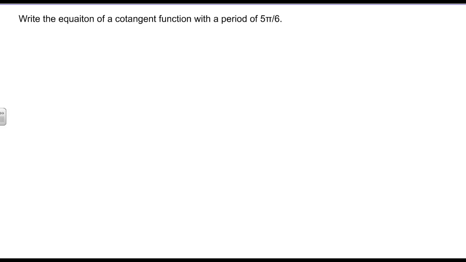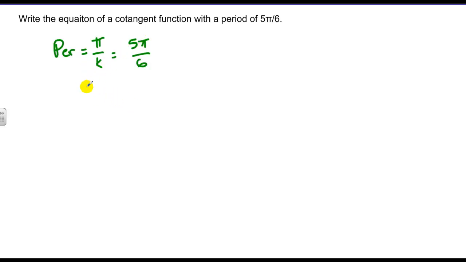And then we're going to write the equation of the cotangent function with a period of 5 pi over 6. So in this case, no amplitude, but I know my period, which is equal to pi over k, is equal to 5 pi over 6. That's the period.